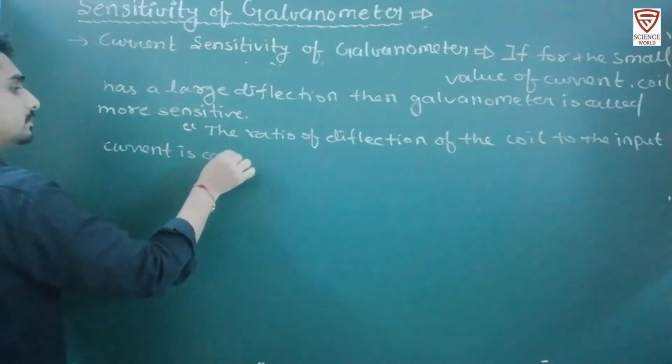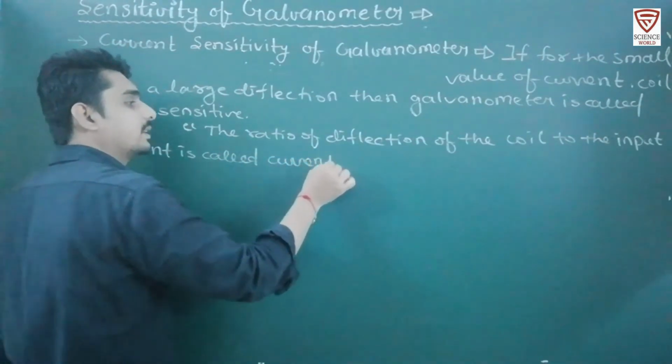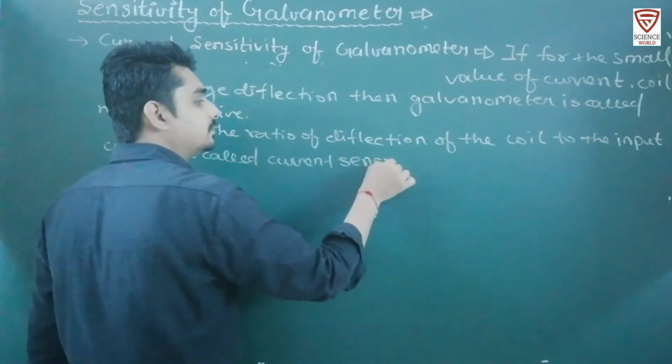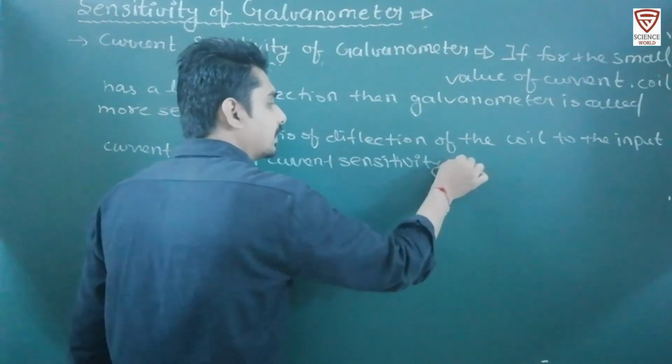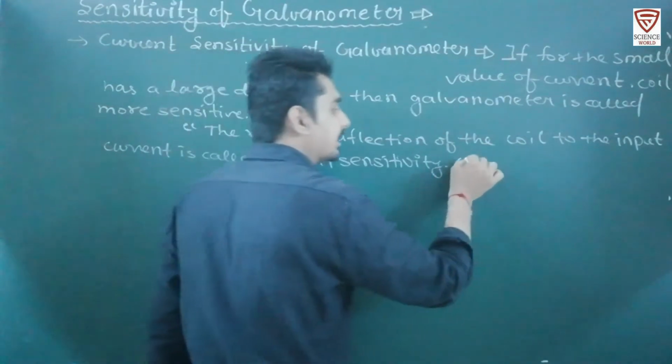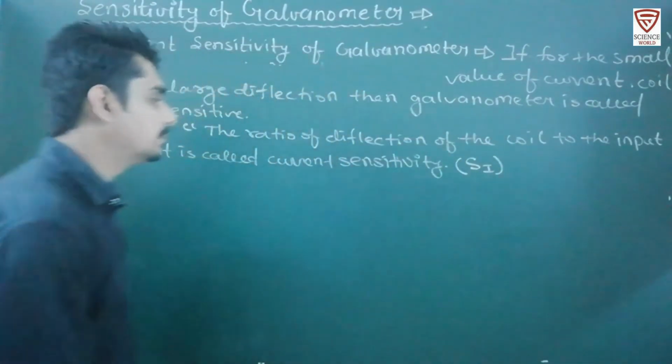It is called current sensitivity. We denote current sensitivity by SI.